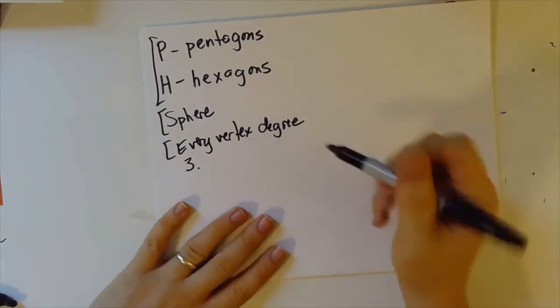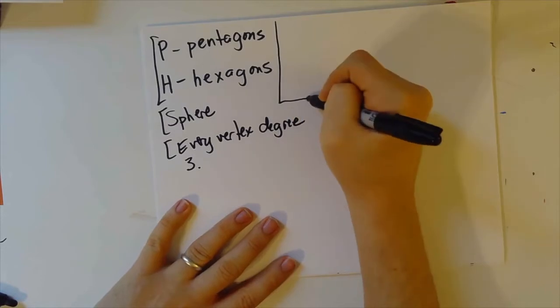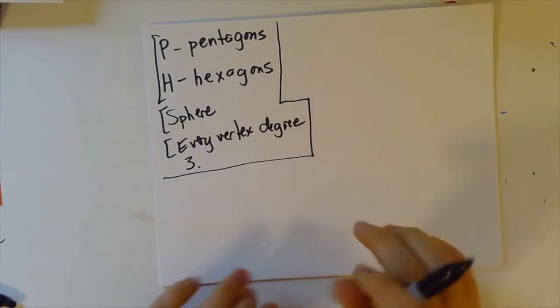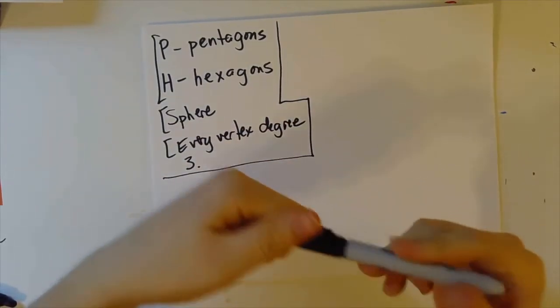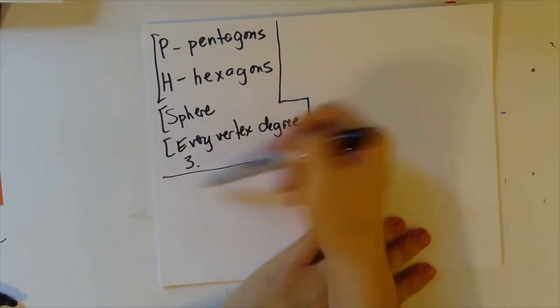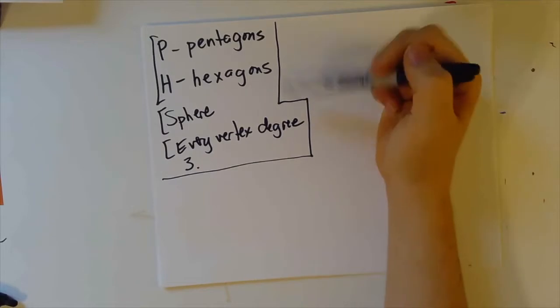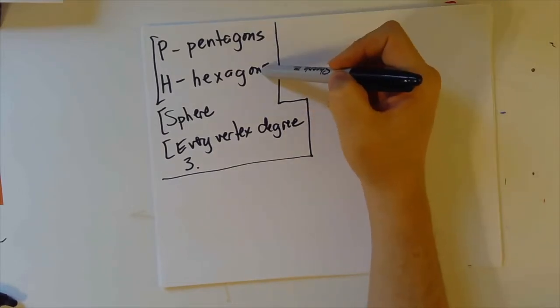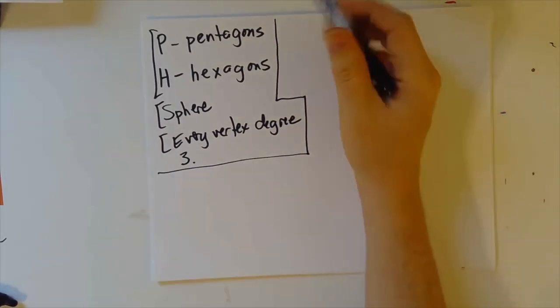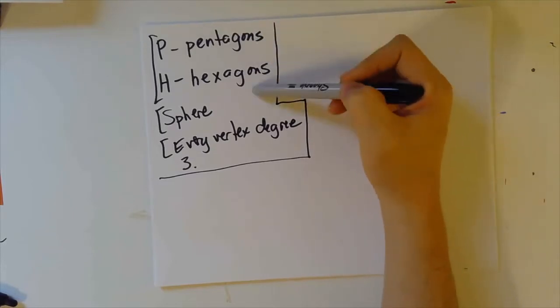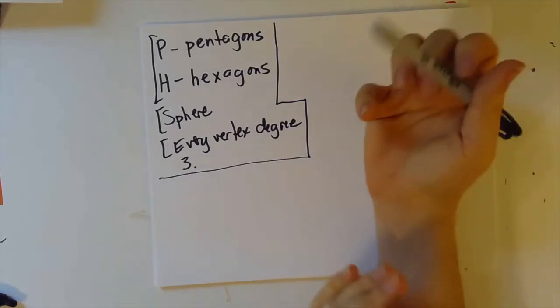Okay, so I want to figure out if there's any special properties that have to be true for such an arrangement. And certainly it's not the case that we can uniquely determine the number of pentagons and the number of hexagons, because I just showed you that it's possible to have a variety of arrangements.